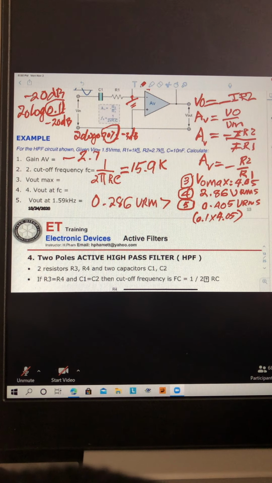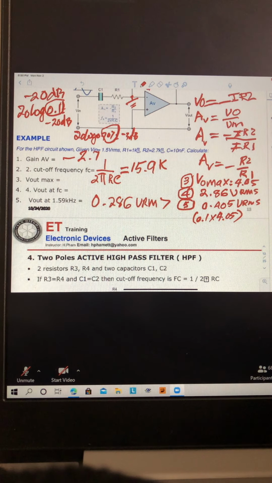Now my question is, if it goes down another 10 times FC, then what number do you have to multiply by? That means it goes to minus 40 dB. 0.01. If you take 20 log of 0.01, you get minus 40.